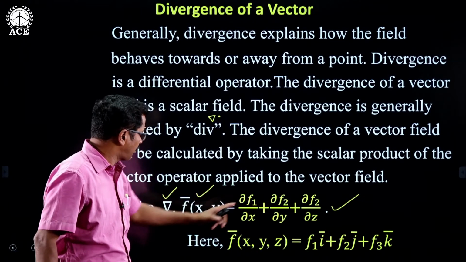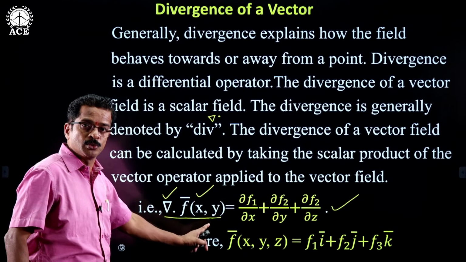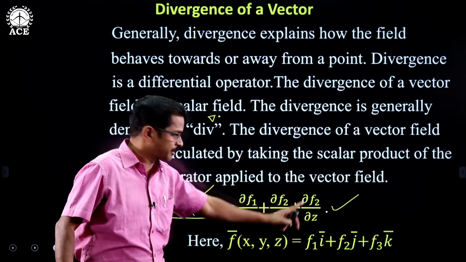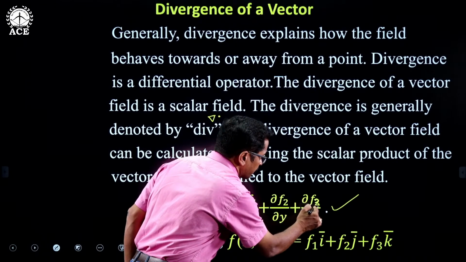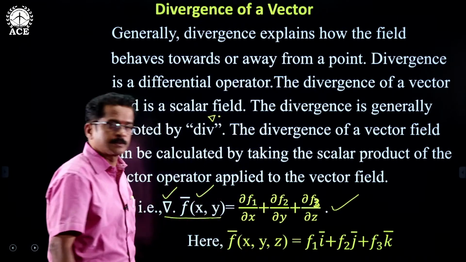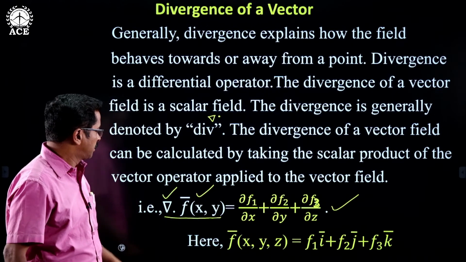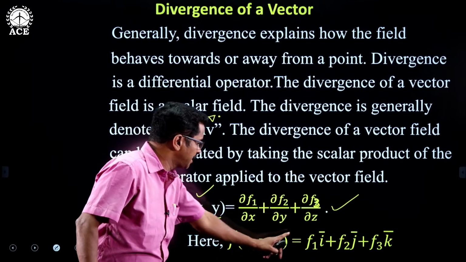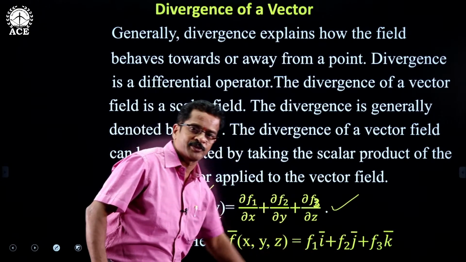See, this is the direct formula. Del dot f bar equals dou f1 by dou x plus dou f2 by dou y plus dou f3 by dou z, where f bar is defined by f1 i bar plus f2 j bar plus f3 k bar.